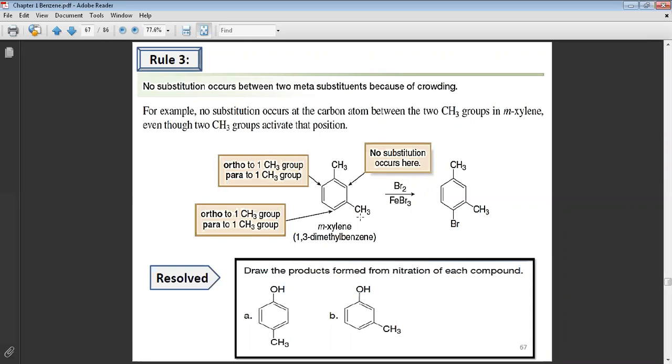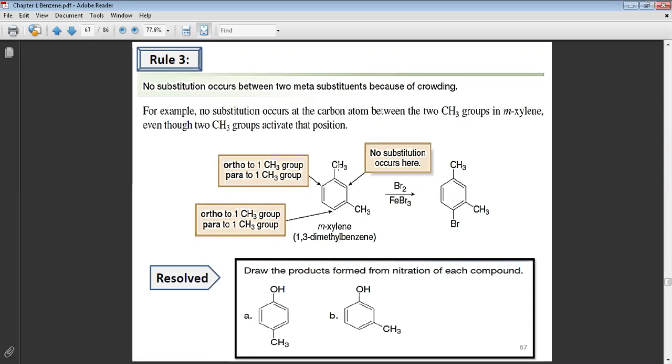Because it is very crowded. There are two groups, so it is very crowded. Here it is open. Okay, this side is open, that means the Br can easily come to here or to here, but not here. No substitution occurs between two meta substituents.